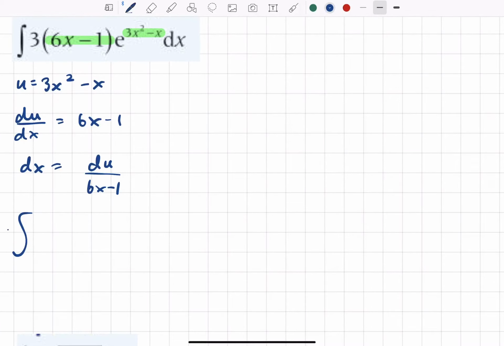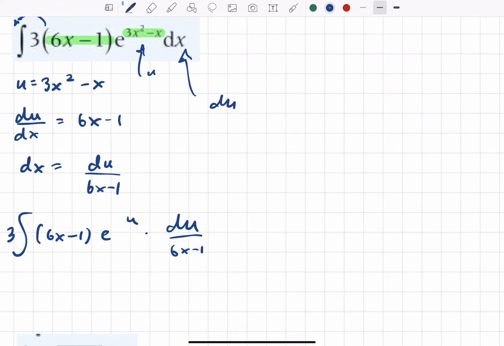I'm actually going to just factor this 3 out because it's part of the product, so it's factorable. Then we have 6x minus 1 times e to the u, and dx is equal to du over 6x minus 1, right? We substituted this power right here for u, and we substituted this for du over 6x minus 1. If we work this out, these two things cancel out.